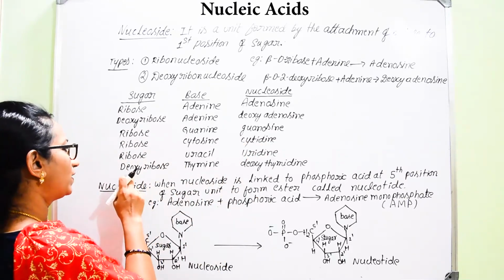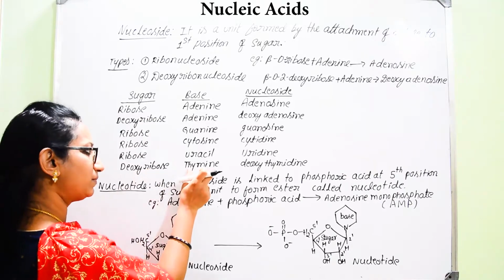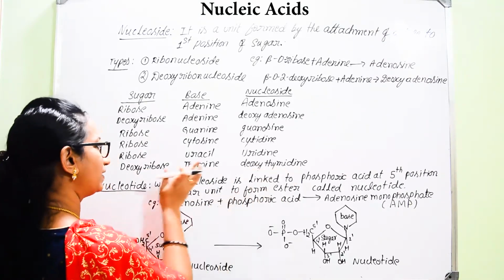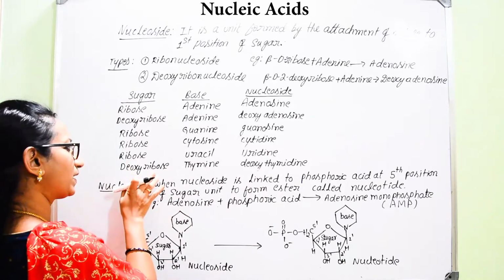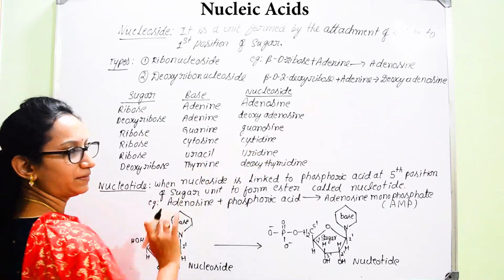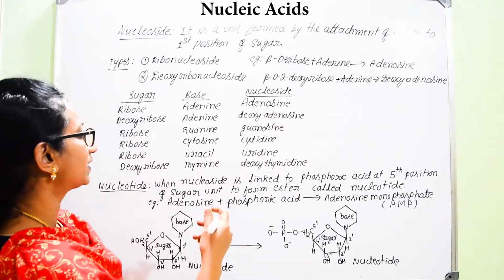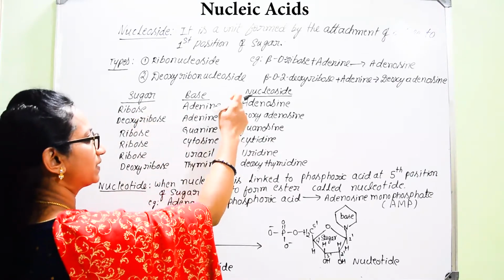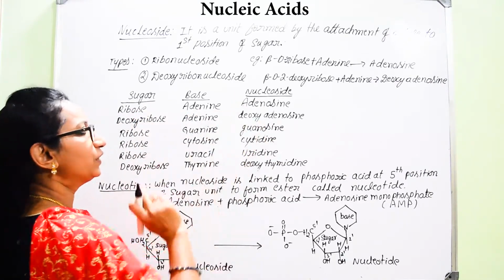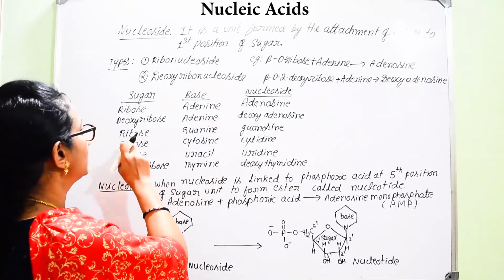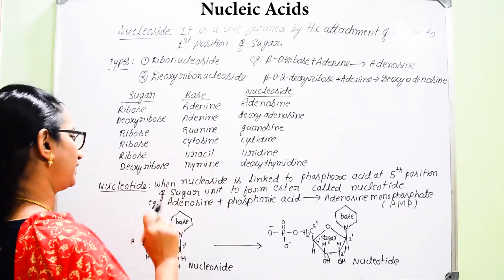And if deoxyribose combines with thymine, it results in the formation of deoxythymidine. But if there is no deoxy, only ribose sugar with thymine, it would be called thymidine. So that is how we can recognize the particular sugar and base present in different nucleosides. Based on the name, we can recognize which is the specific sugar and which is the specific base.